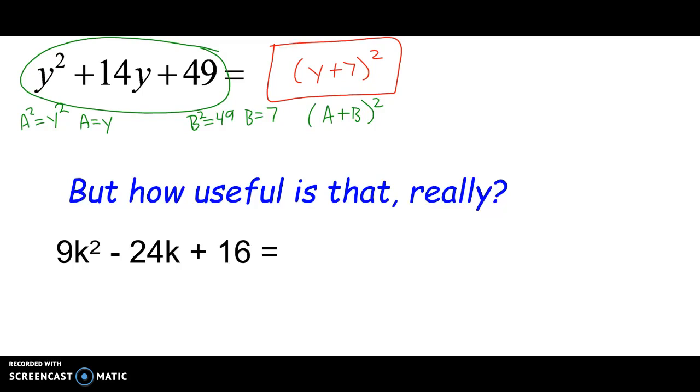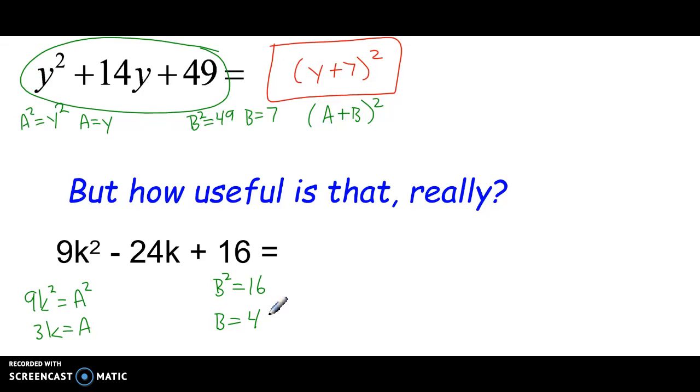If you try to follow the same pattern, you would say 9k squared is in the place of a squared, so it looks like a is 3k. And where we normally have b squared, we've got 16, so it looks like b is 4.